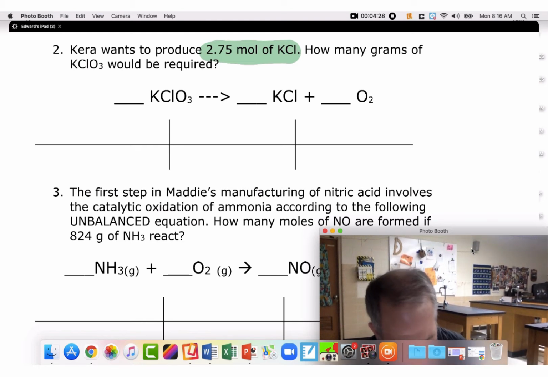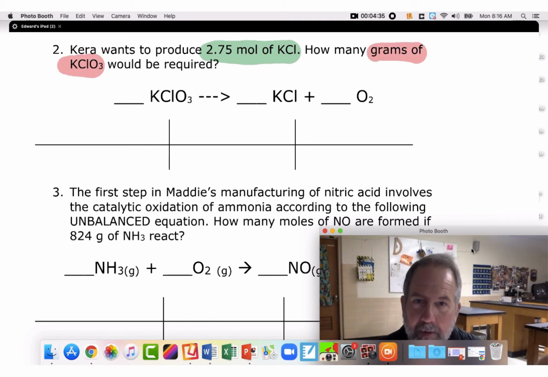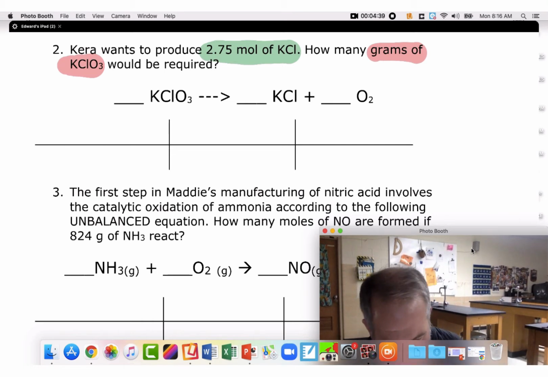And so I'll put this in red this time. So grams of potassium chlorate, and that's our unknown. Okay. We're going to start off by writing those above our thing. And again, I'll try to stay color-coded with what I have. All right. So our givens, right? I'm going to put it over here.